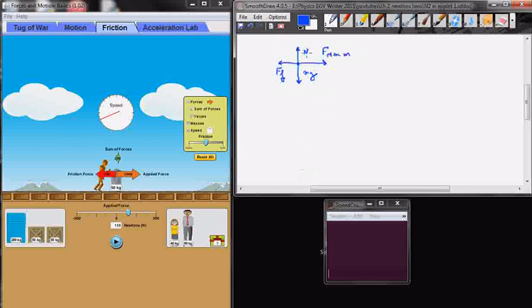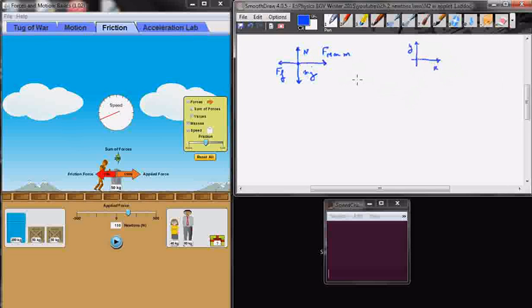These two forces, the n and the mg, are equal and opposite. There's no acceleration in the y direction. Here are the axes for this problem: that's the y-axis, and this is the x-axis.